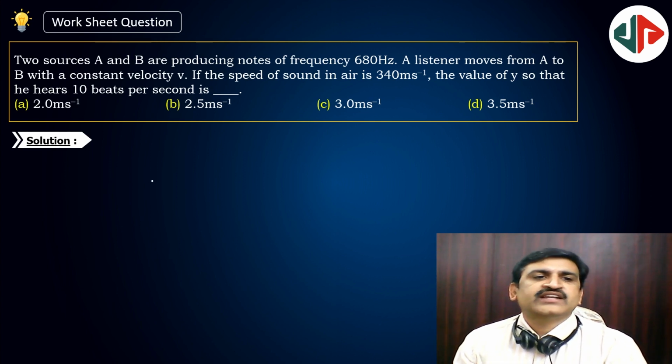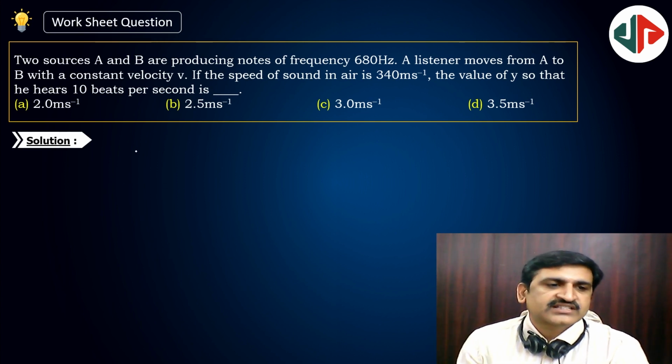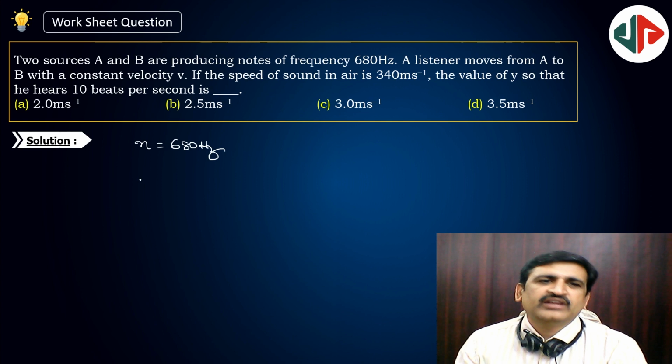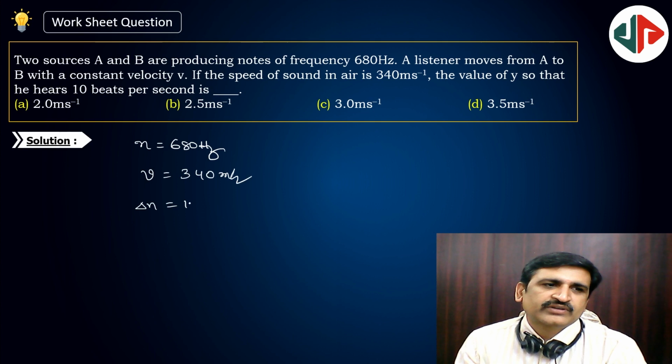Two sources A and B are producing notes of frequency 680 Hz, n equal to 680 Hz. And he is moving from A to B such that the velocity of sound is 340 meter per second, and the number of beats heard is 10, delta n equal to 10. Then his velocity must be V equal to question mark.